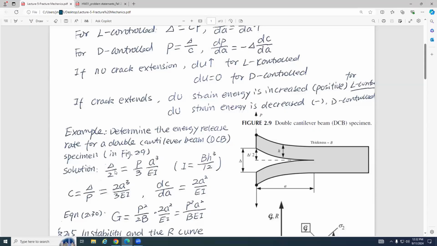What is I, guys? Moment of inertia. Yes, I is the moment of inertia. Keep in mind, this is a plate. If we see the cross-sectional area, it is rectangular. The area moment of inertia equals 1/12 the base multiplied by h cubed.